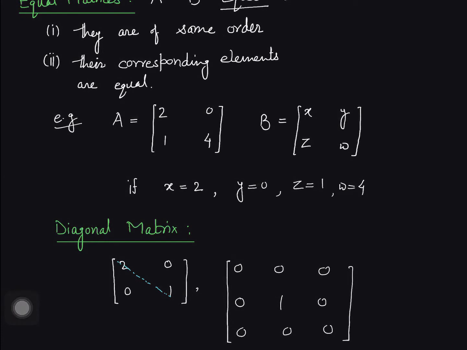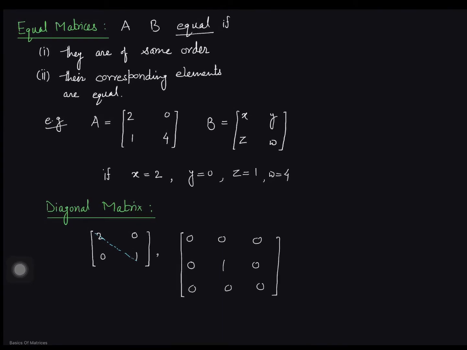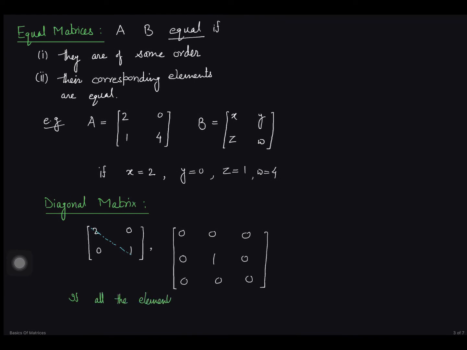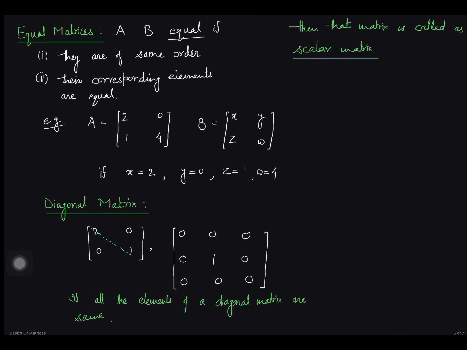Now if we impose one more condition on the diagonal matrix, that in the diagonal matrix, if all the elements are same, then that matrix is called a scalar matrix. For example, this matrix A is a scalar matrix.